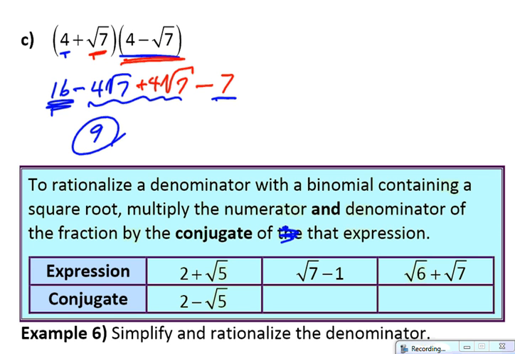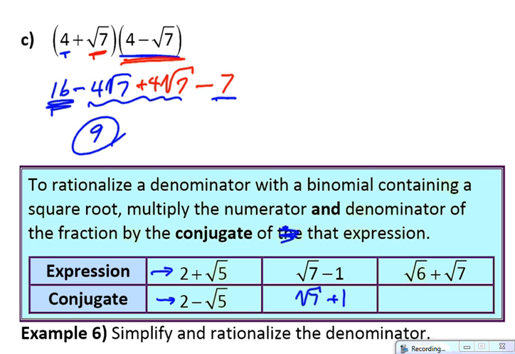You can see first example here, you've got 2 plus radical 5. Its conjugate is 2 minus radical 5. Notice the sign in the front doesn't change, just the one in the middle. Okay, so think ahead a little bit. For square root of 7 minus 1, its conjugate, think in your head, is going to be square root of 7 plus 1.